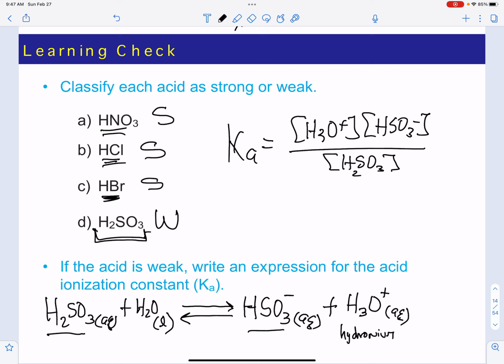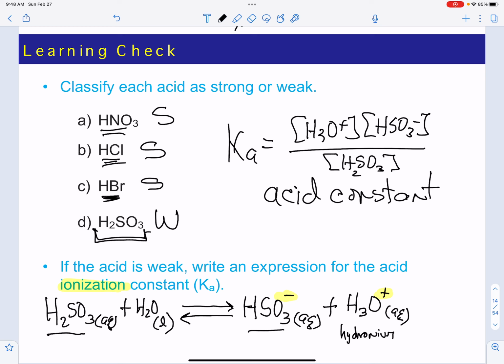We call it ionization constant because it's producing what? It's producing ions, therefore ionization. But in reality, the proper name for this is the acid constant or equilibrium constant for the acid.